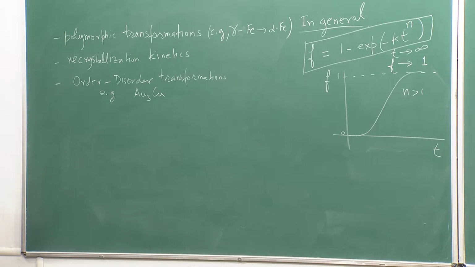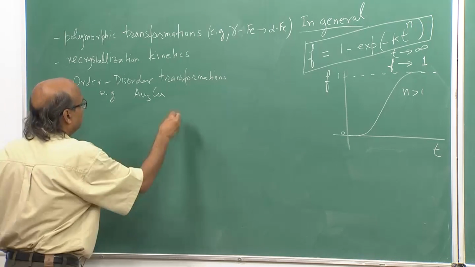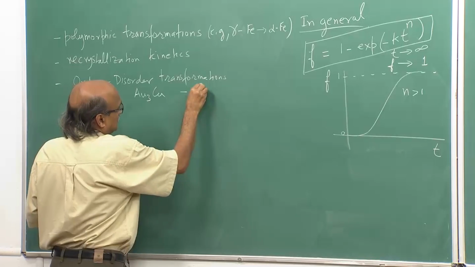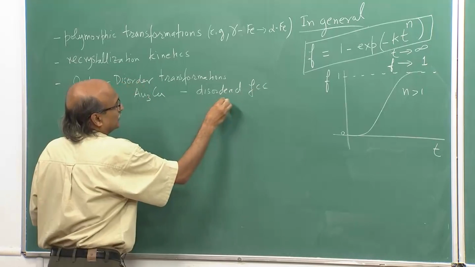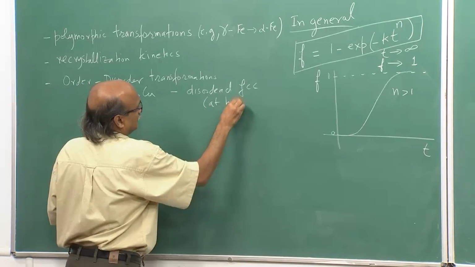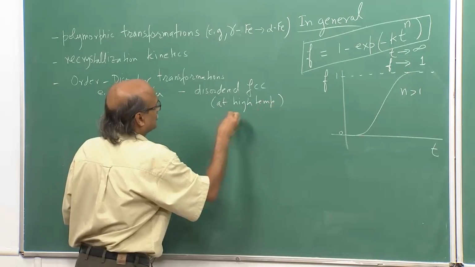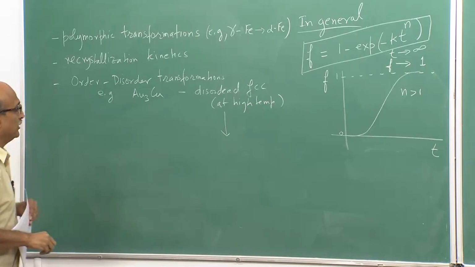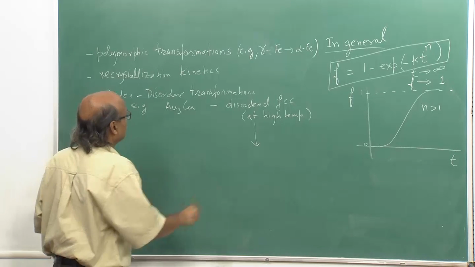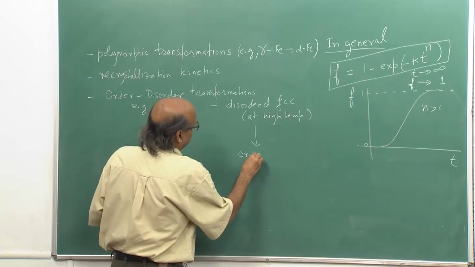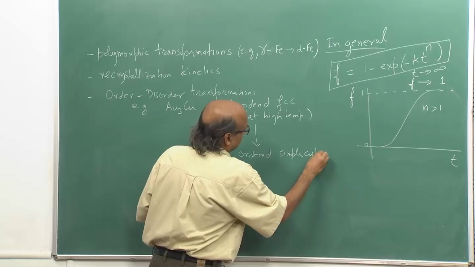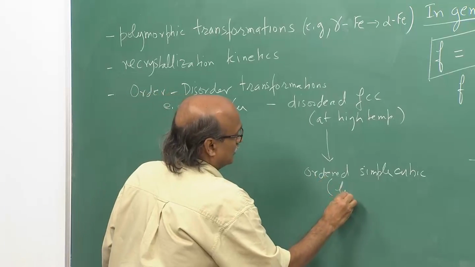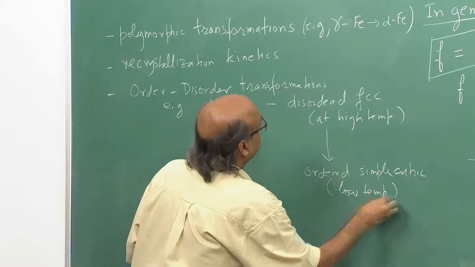So, for example, this particular alloy, gold copper Au3Cu, at high temperature is disordered face centered cubic. This undergoes a transformation on lowering the temperature to ordered simple cubic, which is at low temperature.